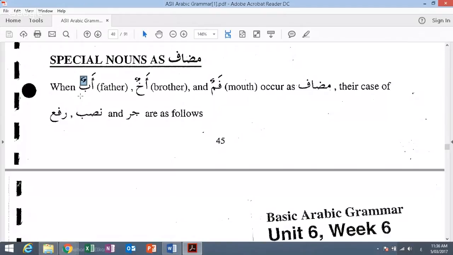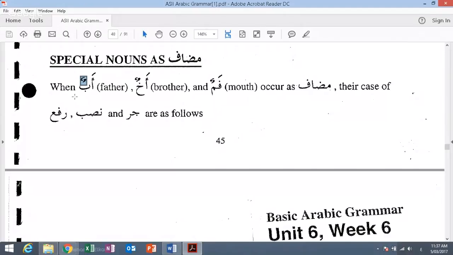We are going to put Waw, Abu, with Waw, not with Dhamma. We take the Tanween off, but we put Waw in the Raf'i case. So Abu Hamidin, Abu Khalidin, Abu Zaidin, Abu Abdillahi. Whatever. Abu with Waw.